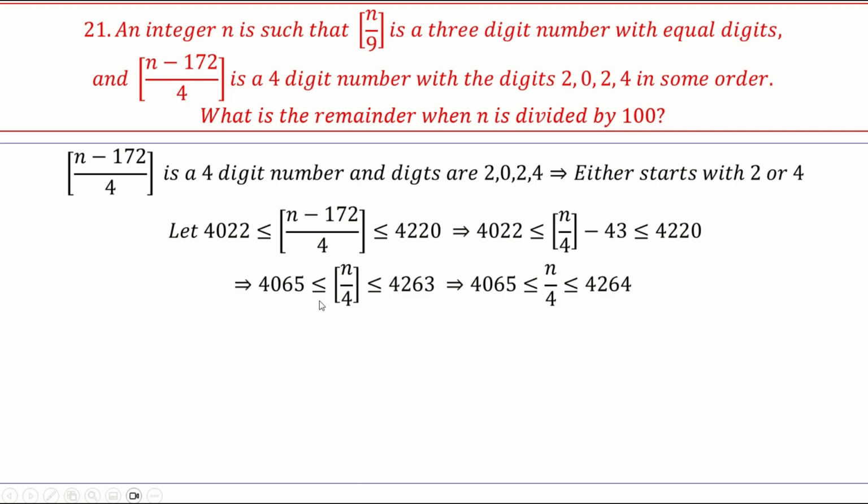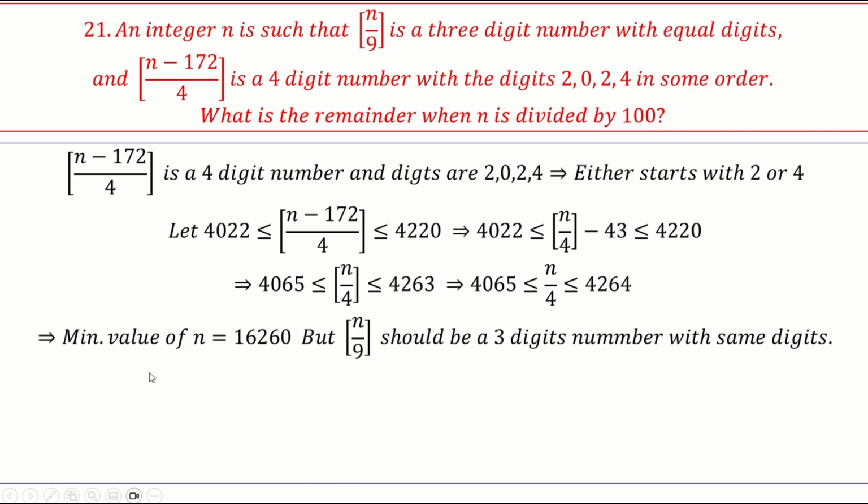Now if you add 43 to the inequality, it becomes 4065 less than or equal to n by 4 less than or equal to 4263. Again, it can be either 4065 or 4264, since it is possible that it gets some decimal value where by flooring it goes to 4264. So this is the range.